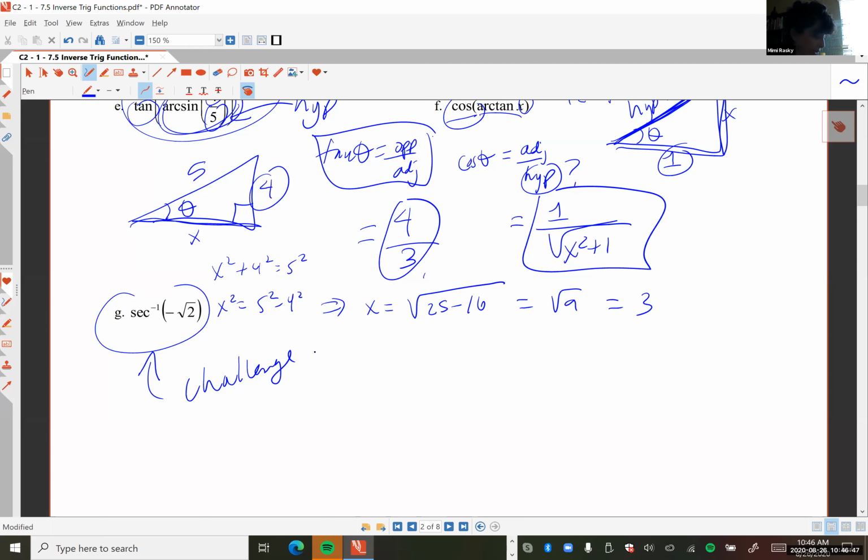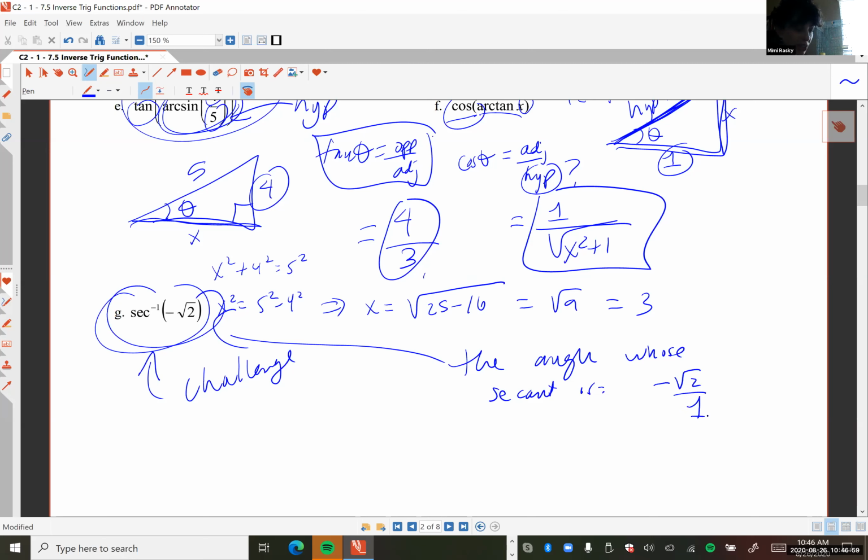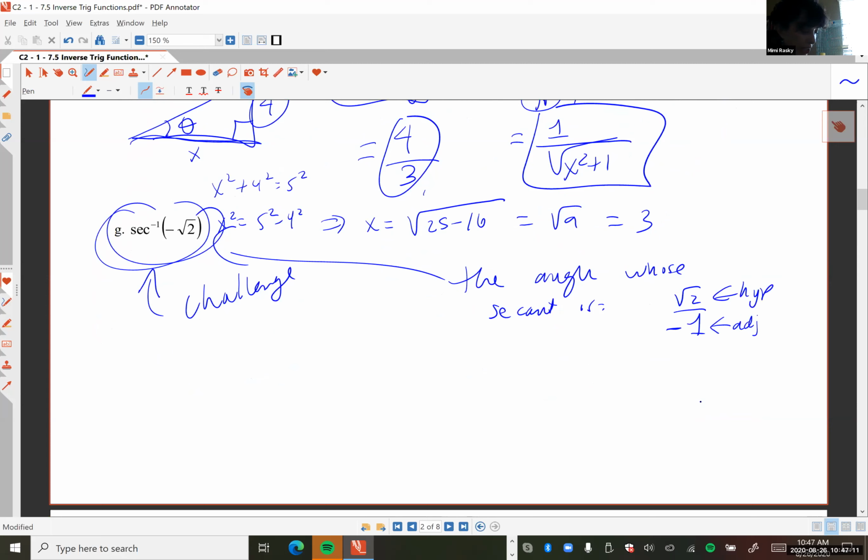I need to think. I know that this is basically the angle whose secant value is negative square root of 2, which I'm going to turn into a quotient. Because if you remember, secant is just the reciprocal of cos, which means that's the adjacent side length and that's the hypotenuse. And I never like my hypotenuses to be negative, so I'm going to put my adjacent to be negative.